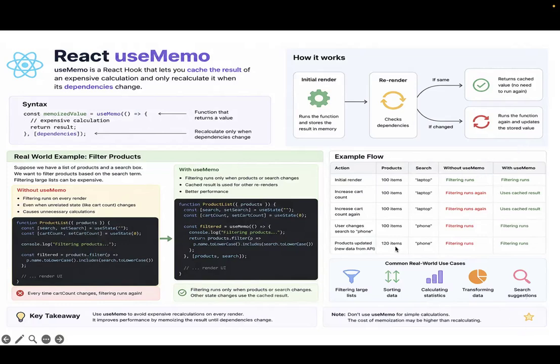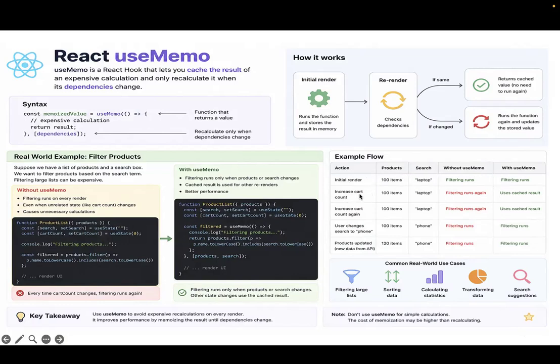If you see here, that is the same result in the demo window. If I have laptop as my search value, then on the first run it will do the filter with useMemo and store the result in the cache.